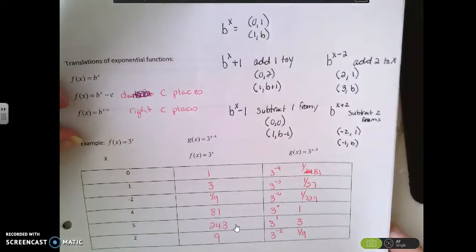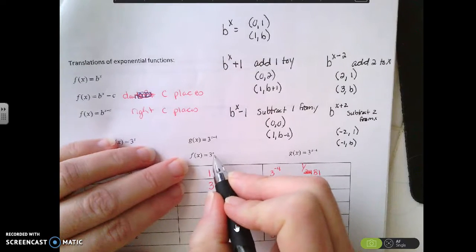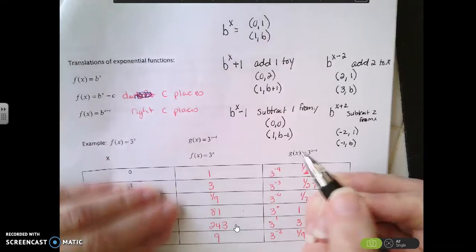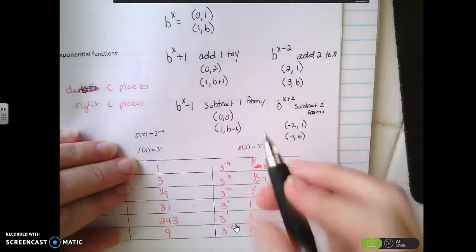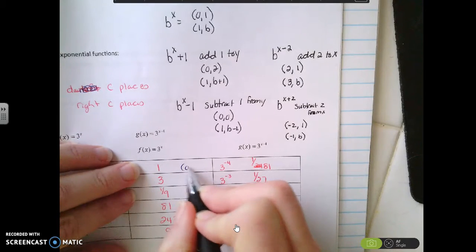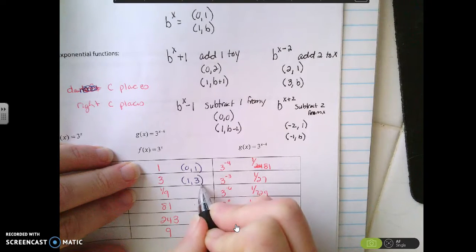So looking at these problems here, for this one, 3 to the x, that's our parent function, right? So if I now say 3 to the x minus 4, remember my key points are going to be (0, 1) and (1, 3), right?